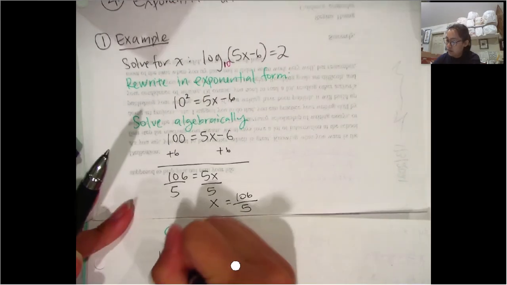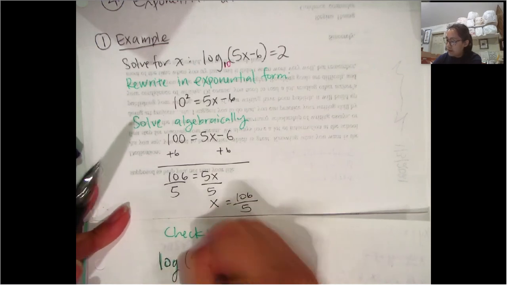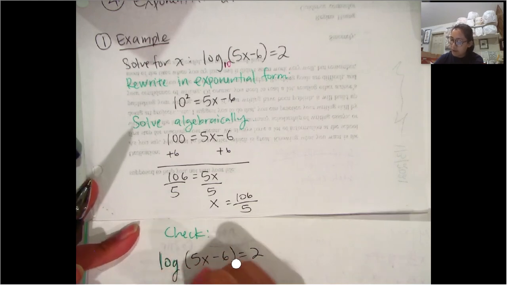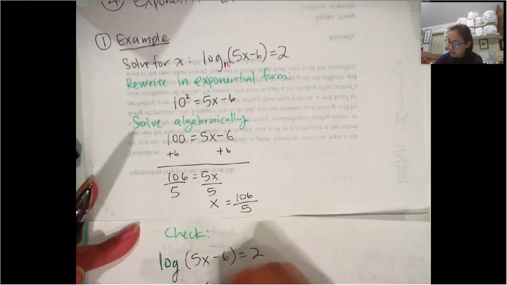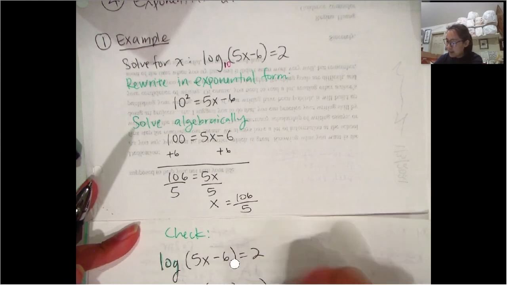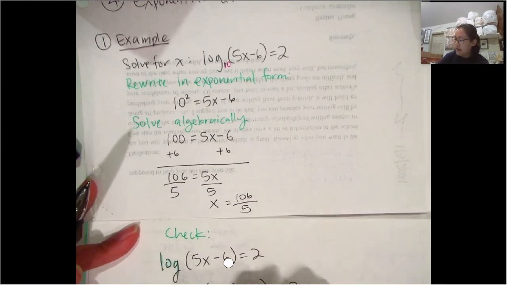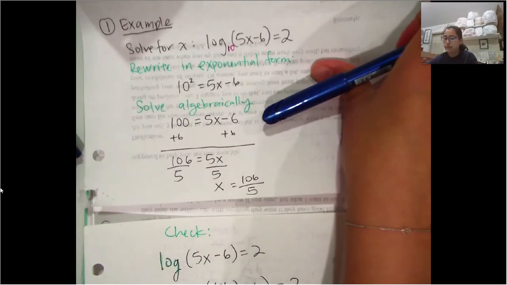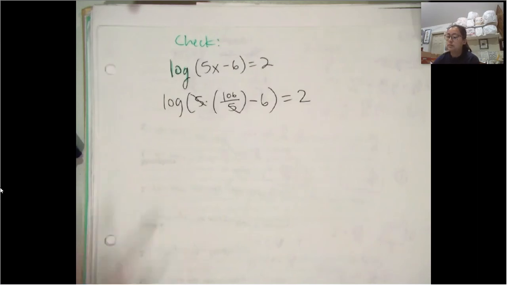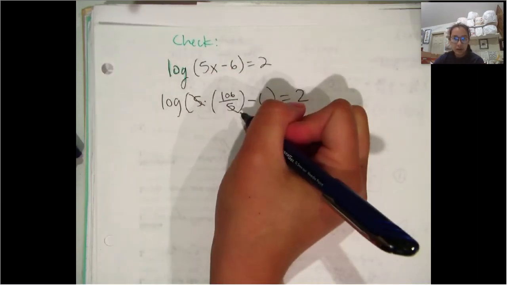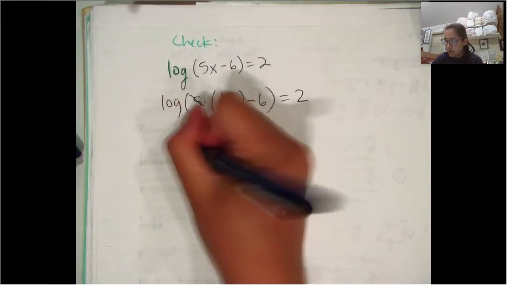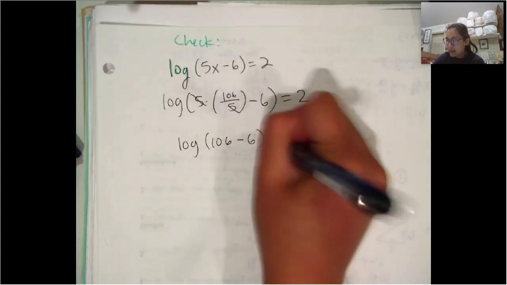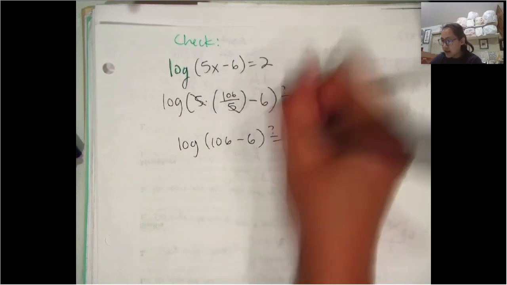So we have log of 5x minus 6, does that equal 2? I'm sorry, log of 5 times 106 over 5 minus 6, does that equal 2? Well, the 5's cancel, or 1 out. 5 over 5 is just 1, and so we're left with log of 106 minus 6, and we're asking, does that equal 2?